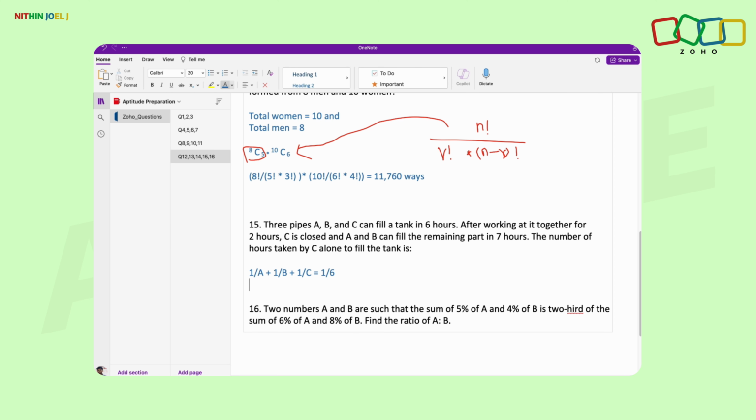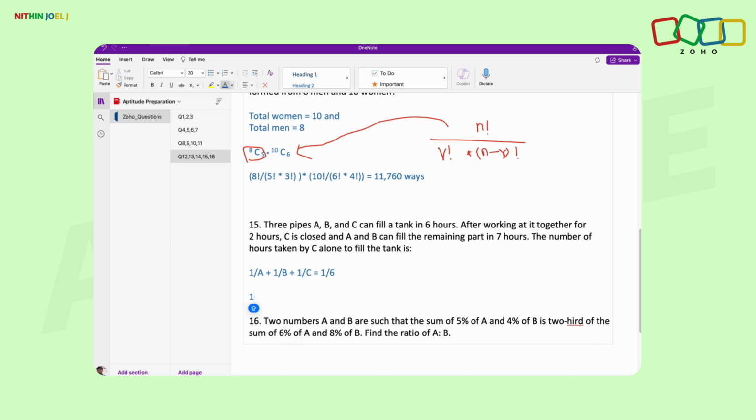So they have given 1 by A plus 1 by B can fill the tank in 1 by 7 into, we have a value over here. What value? They have clearly mentioned that after working together for 2 hours C is closed.